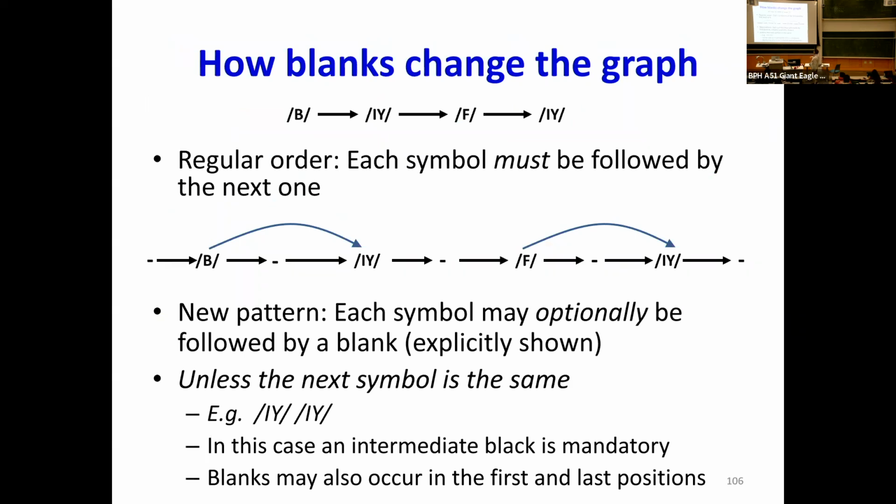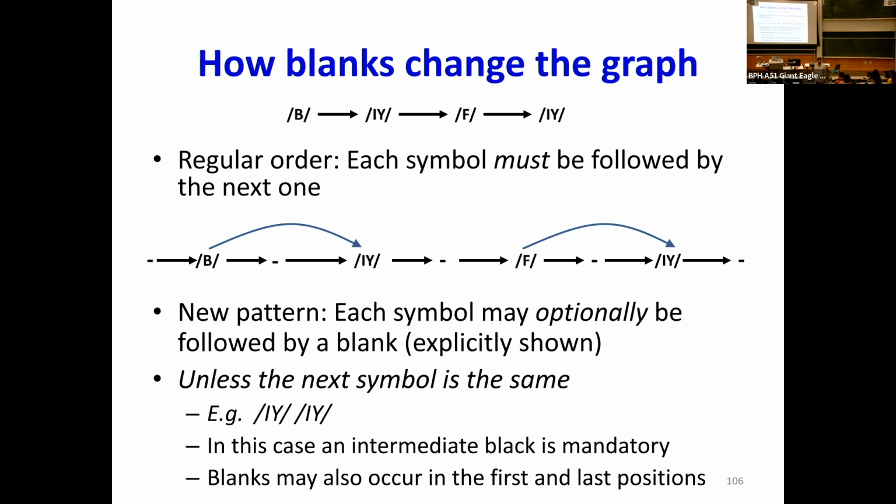If I looked at B phi in the earlier example where there were no repetitions, I can think of that as a linear graph, B going to E, going to F, going to E. But if I want to introduce blanks, I can have B and E, but I can also have B and blank and E. And as far as your eyeballs are concerned, both are just B. Similarly, I can have F followed by E, which means F blank E. And both of them are the same.